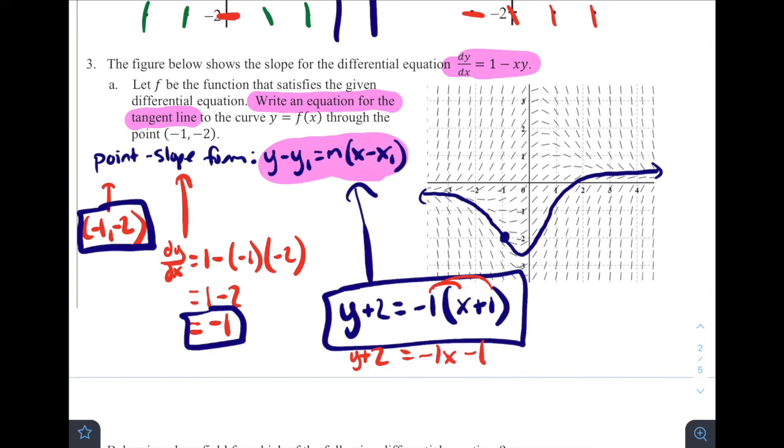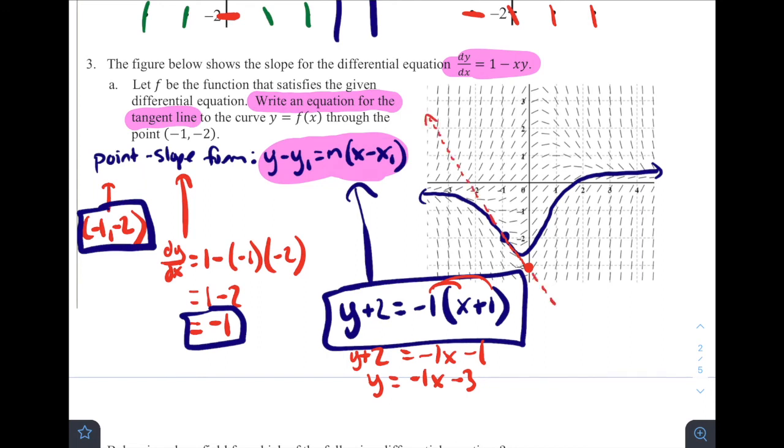Then if we subtract 2 from both sides, we get y equals -1x minus 3. Here's -3, my y-intercept, and with a slope of -1 we get something like this.